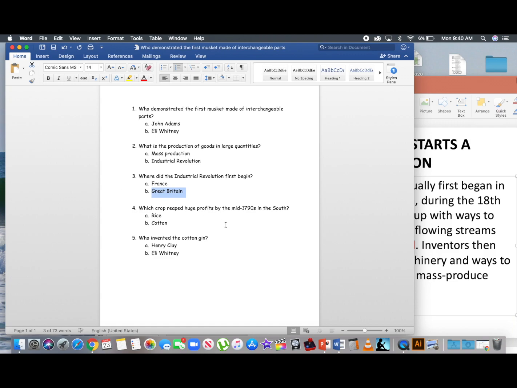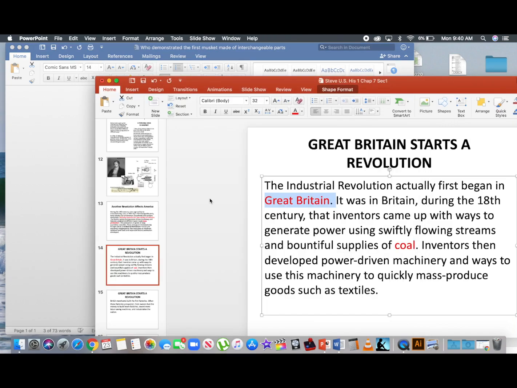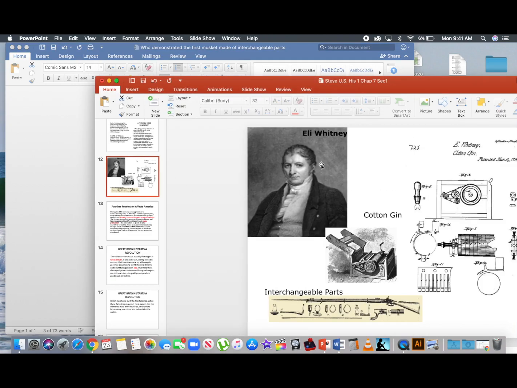Which crop reaped huge profits in the mid 1790s in the South? Was it rice or was it cotton? Definitely cotton. And who invented the cotton gin? Eli Whitney. Our boy, Eli Whitney. There he is.